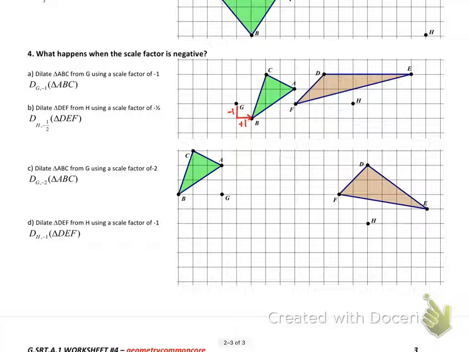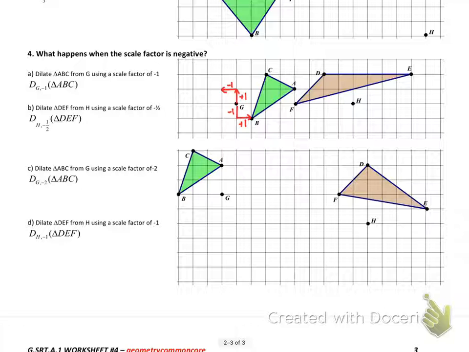Scale factor of -1, here's what we're going to do in that case. So I've already got this arrow drawn. I'm going down 1, right 1. Now I want to do the same numbers, but in the opposite direction. I'm multiplying by -1. So now my -1 in the y direction becomes a +1. All right? Now my +1 in the x direction becomes a -1.